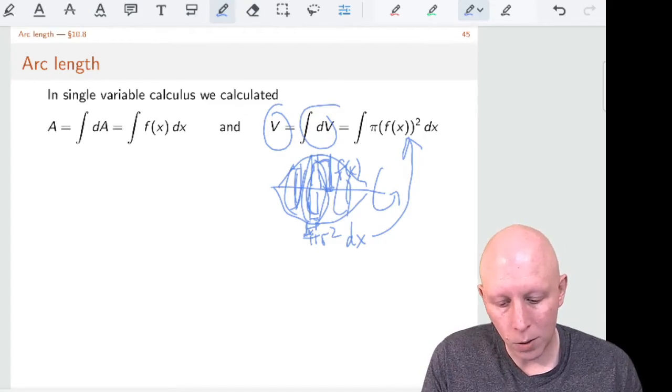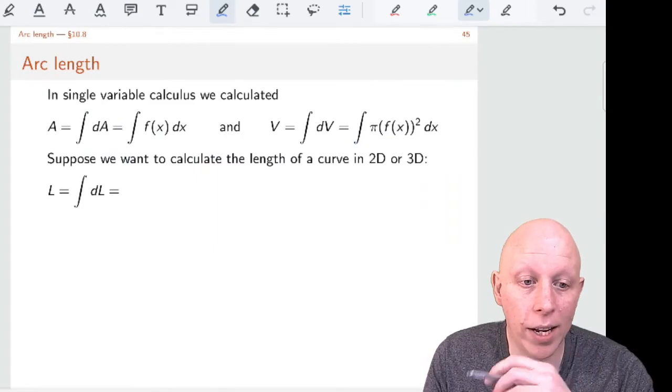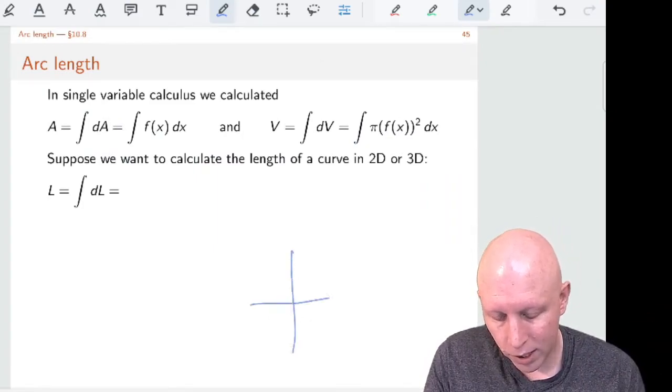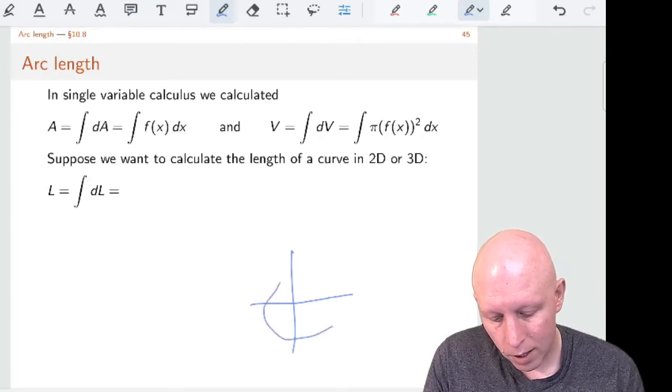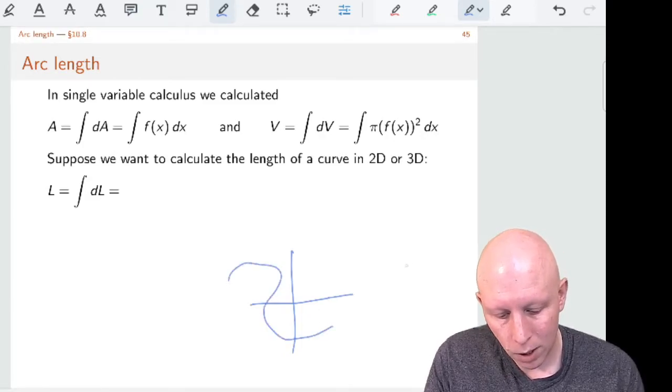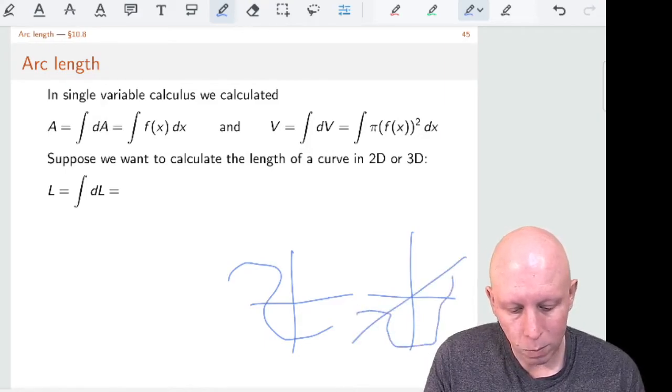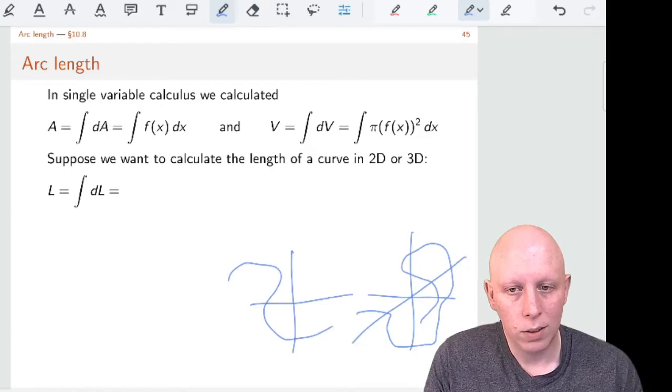Okay, so now we're going to talk about the length of a curve. So we're either talking about a curve in 2 dimensions, defined by a parametric equation, or we're talking about a curve in 3 dimensions, again defined by some parametric equations.